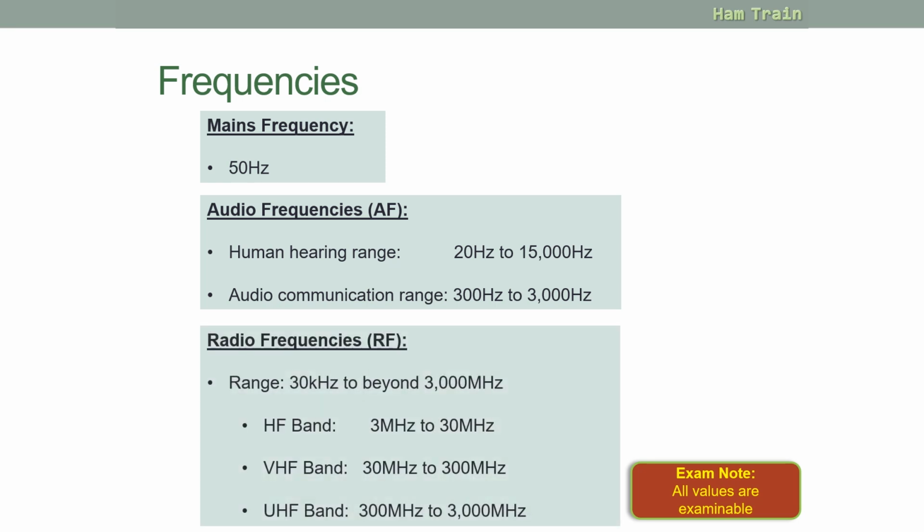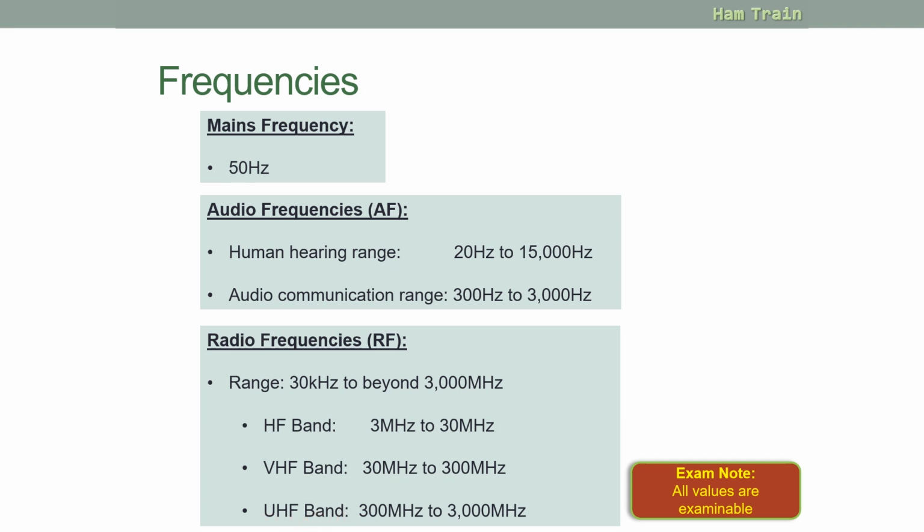And we look now at the radio frequencies. As far as this exam is concerned, the range of radio frequencies is from 30 kilohertz, so you can see that's a lot higher than our human hearing, to beyond 3000 megahertz. At Foundation, we're concerned with 3 bands called HF, high frequency, VHF, very high frequency, and UHF, ultra high frequency.